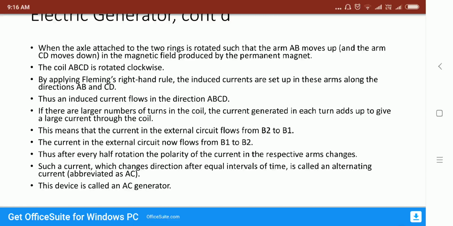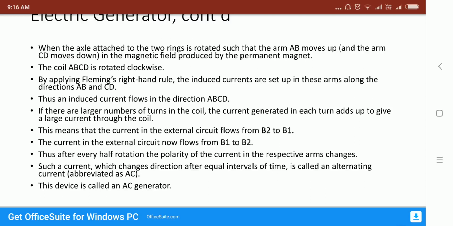By Fleming's right hand rule, which we discussed in the previous session, the current is induced along the arms in the direction ABCD. So while the coil is moving in the clockwise direction, current flows in the ABCD direction.